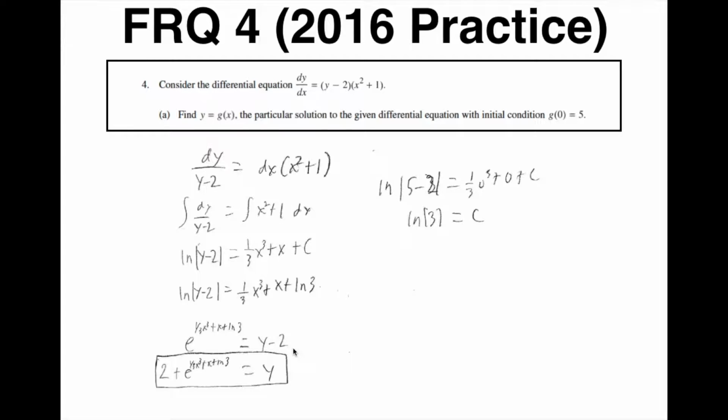So from this line to this line, of course, we take the exponential on both sides, but we should still have absolute value of y minus 2, which means it's either y minus 2 or 2 minus y. How do we figure out which one it is? Well, you know that when x equals 0, y has to be equal to 5.